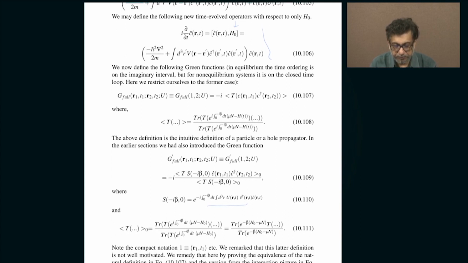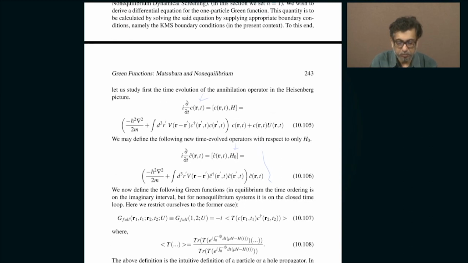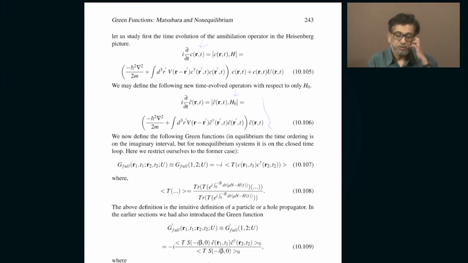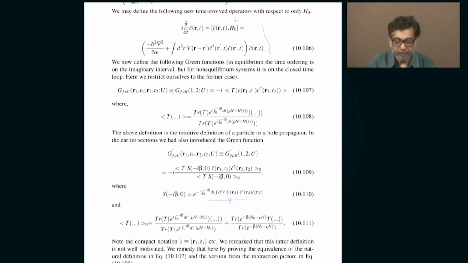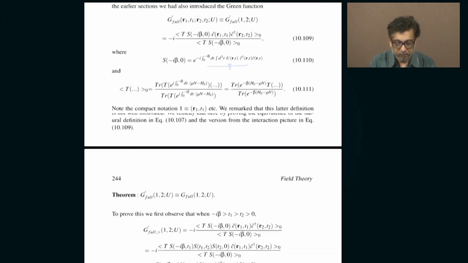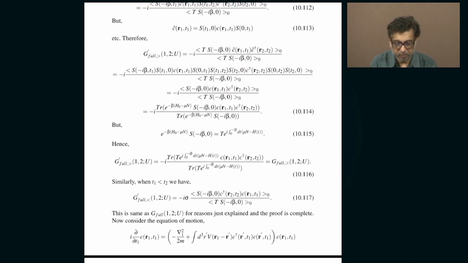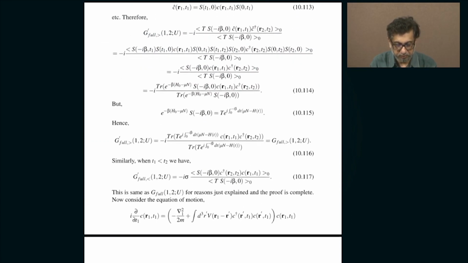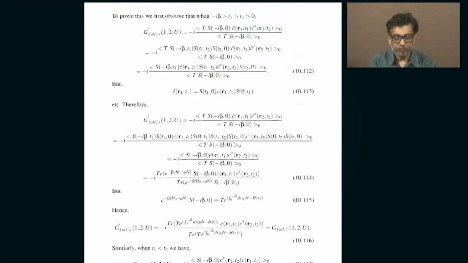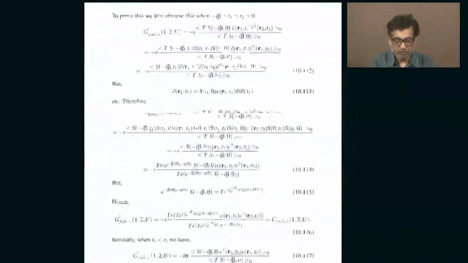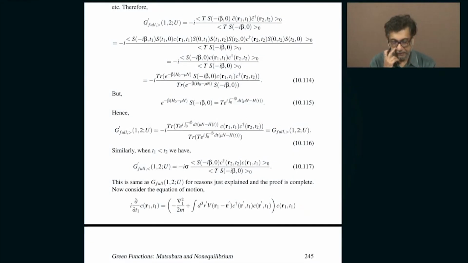If your external field was 0, these two would coincide, because if u was 0, these two are the same things. The hat refers to the time evolution purely with respect to the time independent part of the Hamiltonian. I have spent some effort trying to convince you that they are mutually consistent, but I am going to skip that. Those are for those of you who are not entirely convinced by some of these steps, but they are not terribly important. So let us proceed.